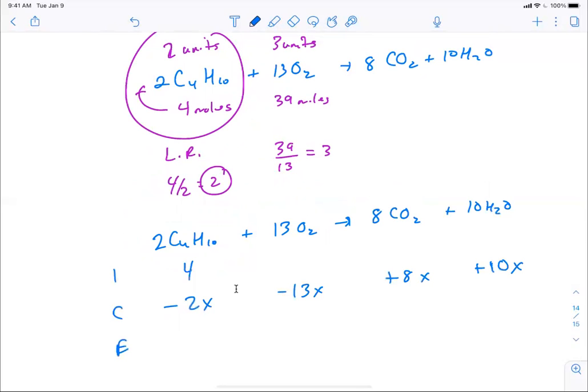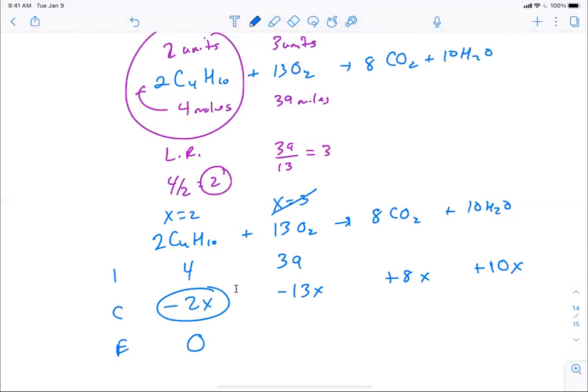So if this is 4 and this is 39, you're essentially solving for x with the way that I'm doing it. So x could either be 2 or x could be 3. The problem is x can't be 3 because you can't have a negative number here. So x ends up being 2.